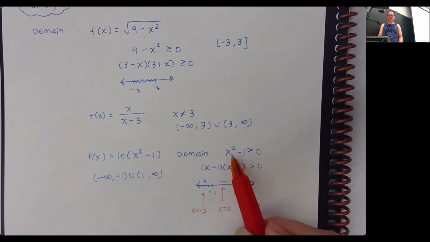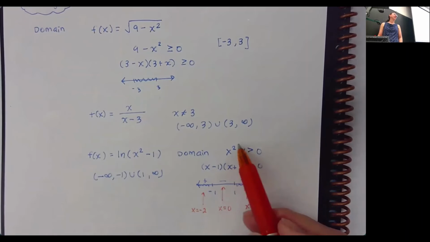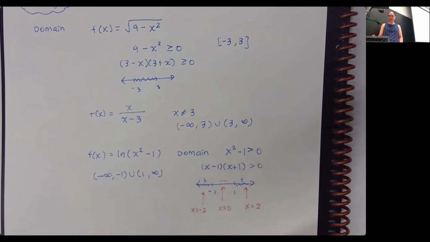So if I plug in 0, 0 squared minus 1 is negative. So I would not include that middle region. But if I plug in 2, 2 squared minus 1 is positive. If I plug in -2, -2 squared minus 1 is also positive. So these guys work, but the one in the middle does not.